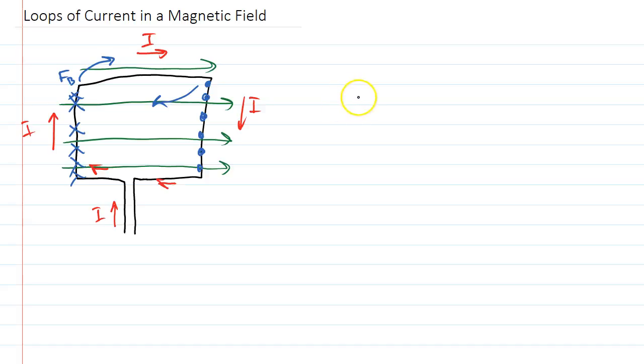So remember that torque, tau, is the same as force times the length from the pivot point or the fulcrum. And so what we're going to do here is assume that the loop is an L by L square, and figure out the amount of torque based on the magnetic field.